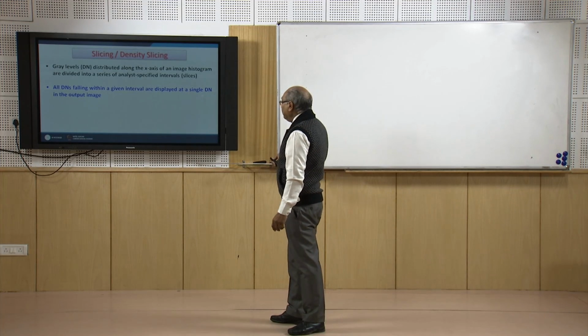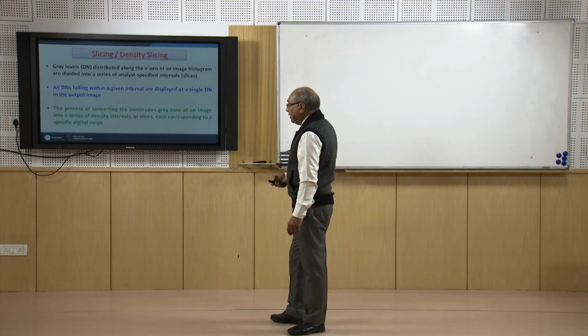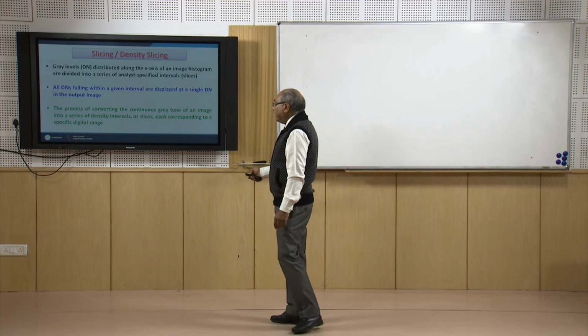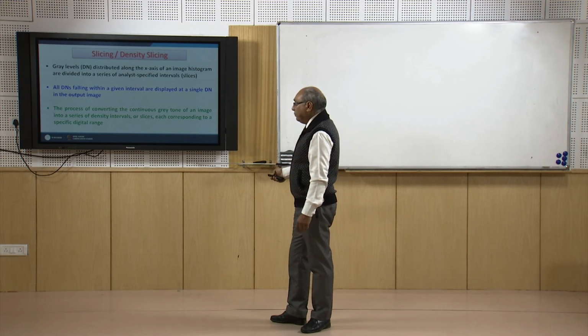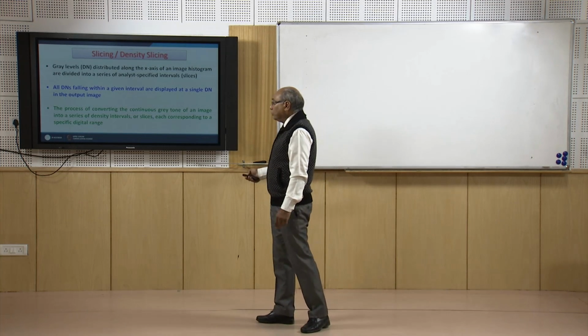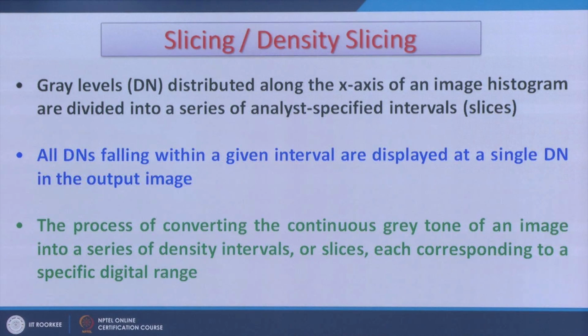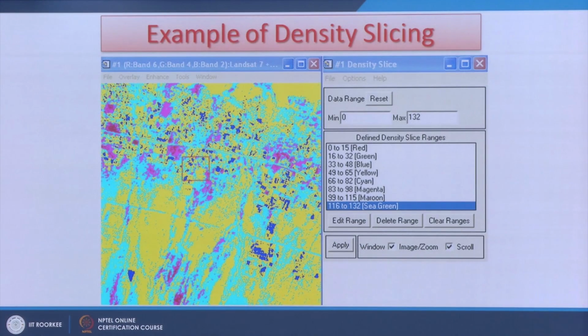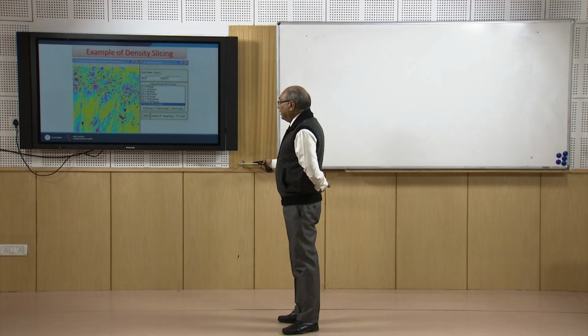All digital numbers, or pixel values, falling within a given interval are displayed as a single DN, that means a different color in the output image. This is the process of converting the continuous gray tone of an image into a series of density intervals or slices, each corresponding to a specific digital value. For example, pixel values within 0 to 15 in one band should be assigned red color, 16 to 32 should be assigned green, and so on and so forth.